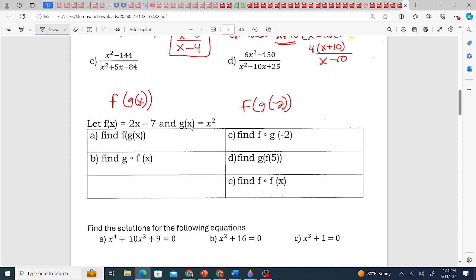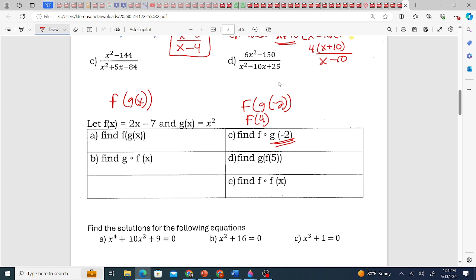If I plug in negative 2 for x, that's negative 2 squared. What's negative 2 squared? That's 4. So then that means I got f of 4. So then I plug in 4 right there. I started off with f of g of x, general.